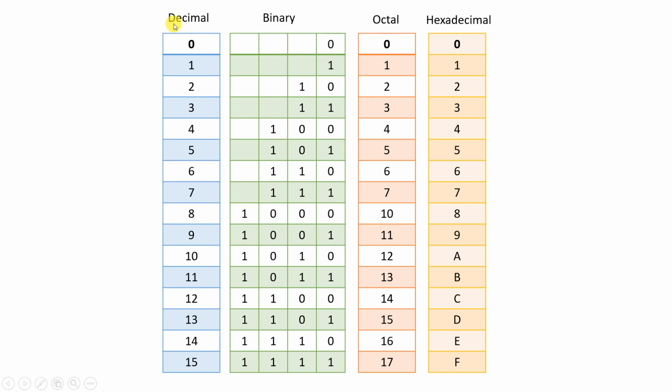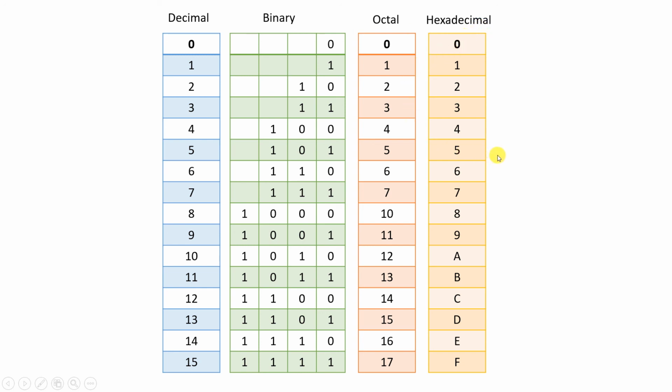We have tried to learn about decimal numbers, binary, octal, which has a base related as 2 raised to 3, and hexadecimal, which is 2 raised to 4. So these relations are there with the binary number system, and that is why we learn the octal and hexadecimal number systems also.